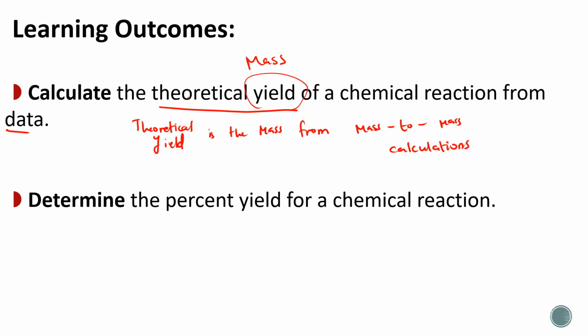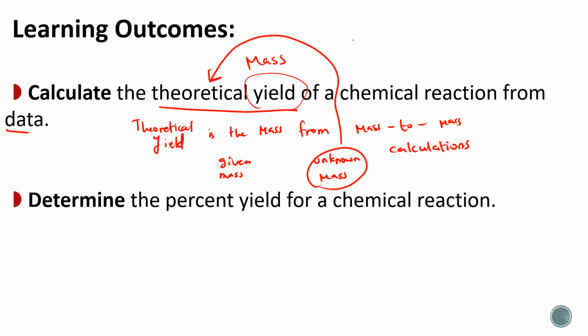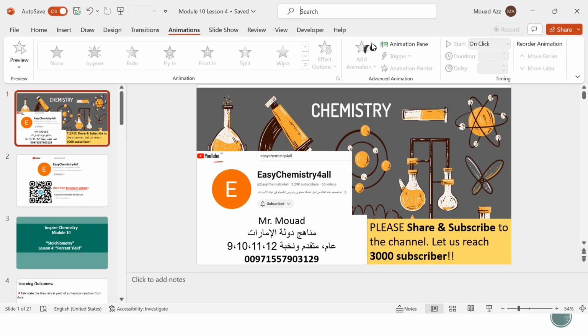Okay, لما يقول لك find the theoretical yield, you will be given the mass and the unknown will be also the mass. So this will be the theoretical yield, and the yield is for the product.